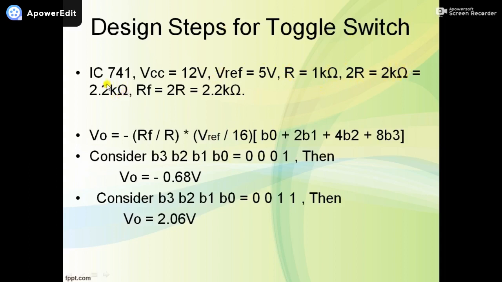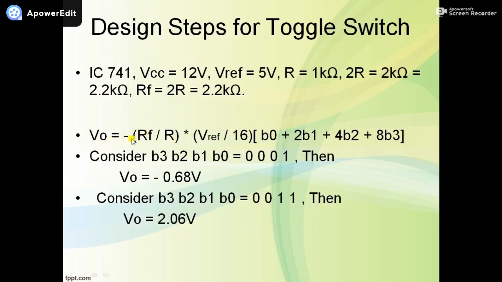But according to the standard resistor values, we are getting 2.2k, and the feedback resistor is equal to 2R. In this case we have one V0 equation, and this V0 equation is for the inverting amplifier with the R-2R ladder circuit.